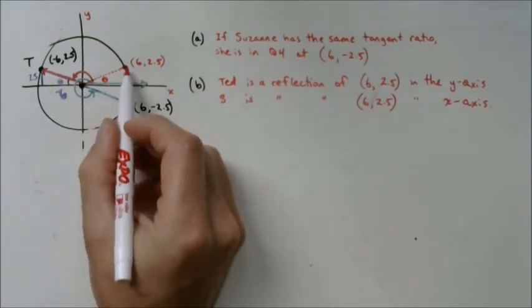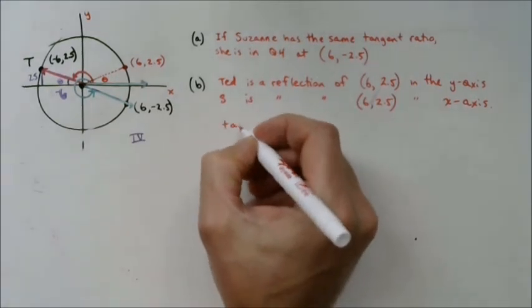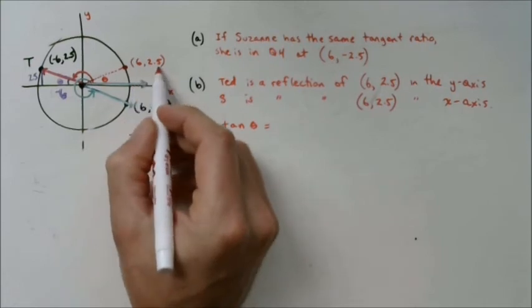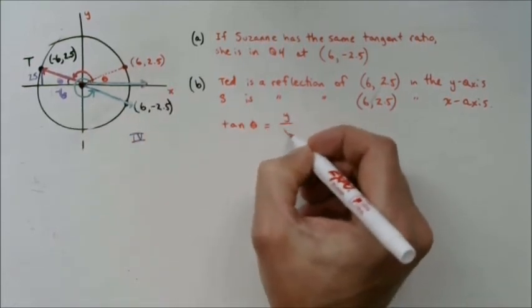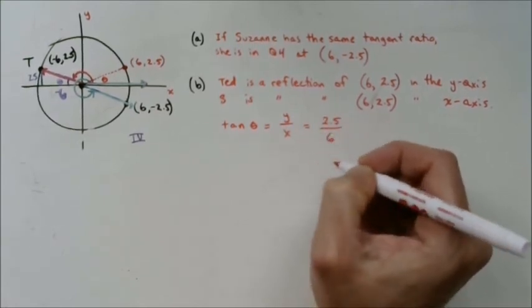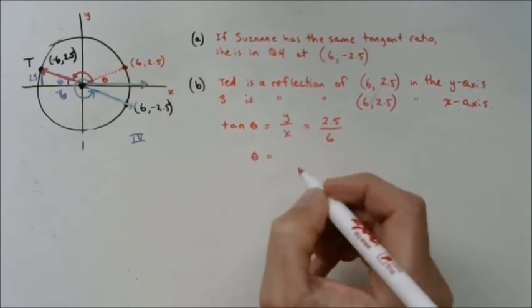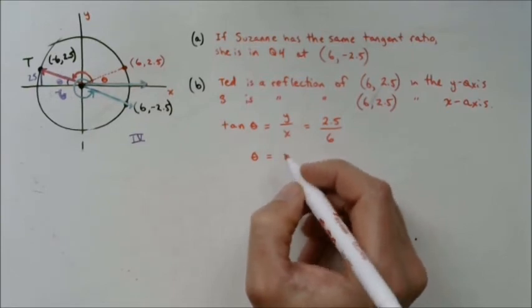And we've named this reference angle theta. And we know the tangent of angle theta because we know the two coordinates. We know x and y. Tangent is y over x, which is going to be 2.5 over 6. You can put that in your calculator. Take the inverse tangent of both sides. So the inverse tangent of 2.5 over 6.